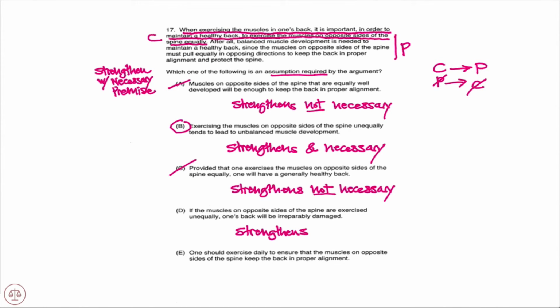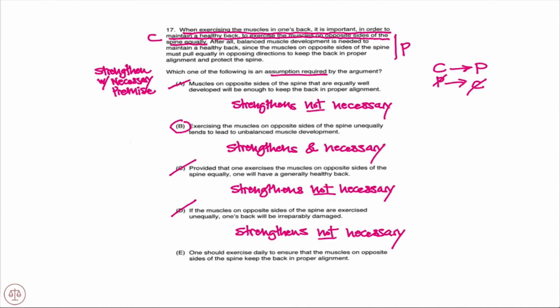But when we negate D to make sure that it's necessary, even if the muscles on the opposite sides of the spine are exercised unequally, one's back will not necessarily be irreparably harmed. Okay, fine, but that doesn't tell us anything about what happens when we do exercise them equally. Doesn't do anything to our argument. So D, while it does strengthen, again, is not necessary. So D is out.